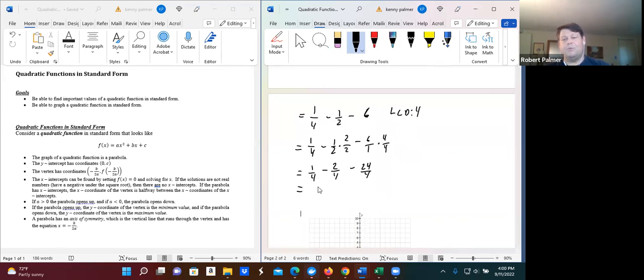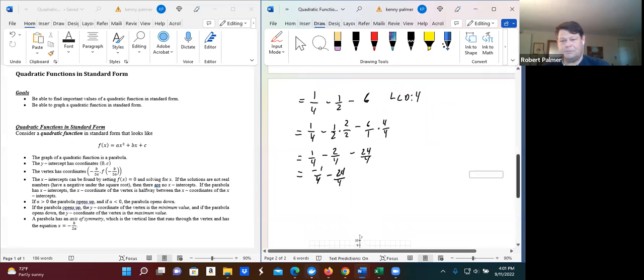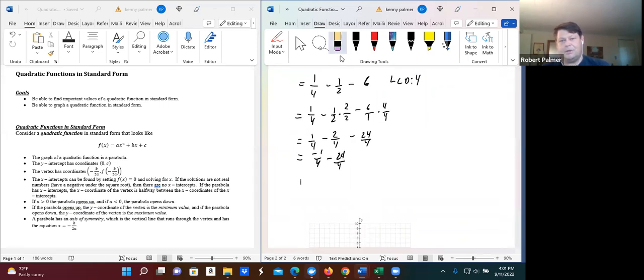And so 1/4 minus 2/4 is a negative 1/4 minus 24/4. And that's going to be negative 25/4. And that should be approximately negative 6.25.